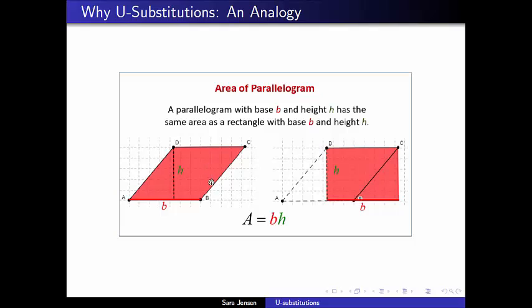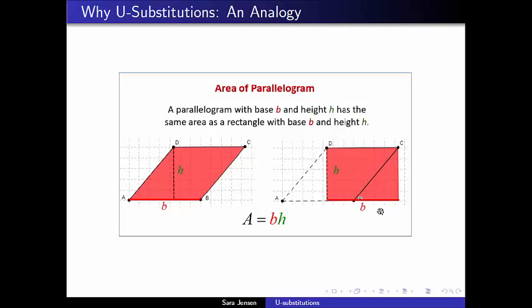Yes, the shape has changed, but the area, the only thing I care about, has stayed the same. In converting the parallelogram to a rectangle, I haven't affected the area, and I've turned it into something that's more easily recognizable to me.